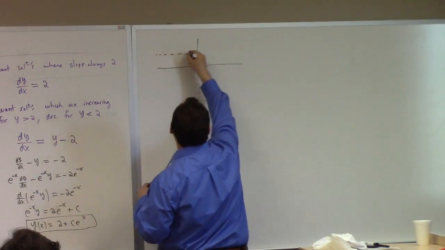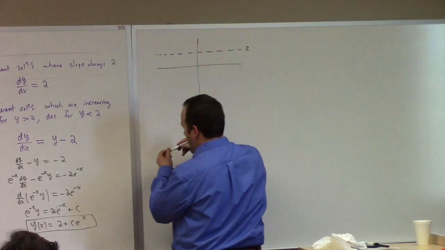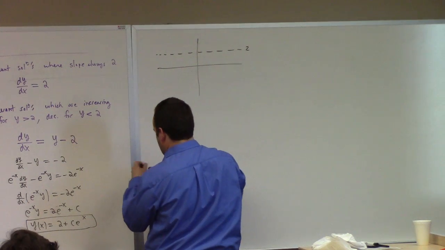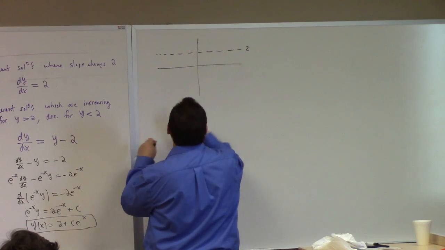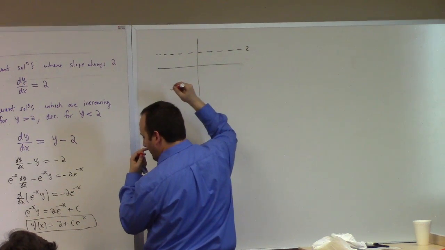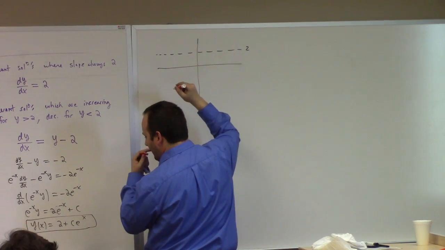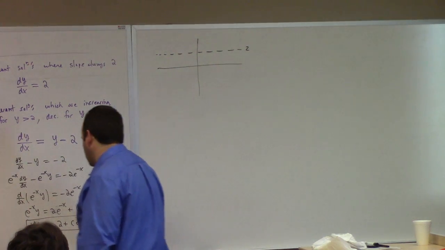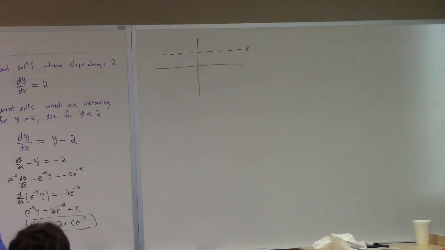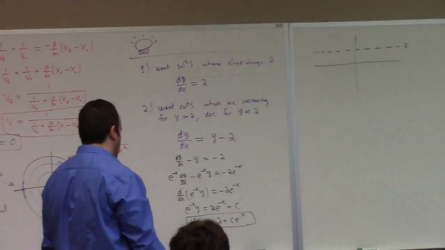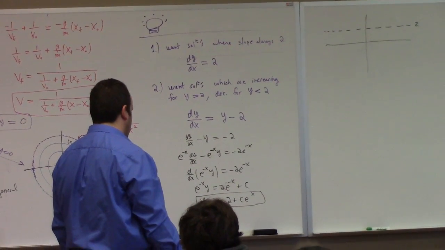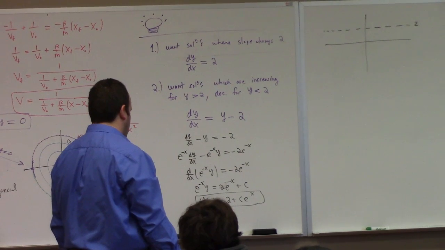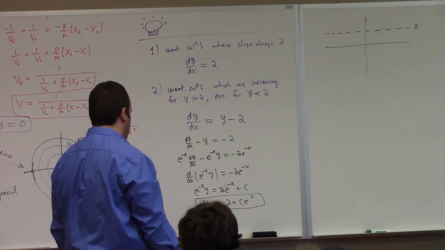Okay, so they all asymptotically go to 2, and they're blowing up, right?